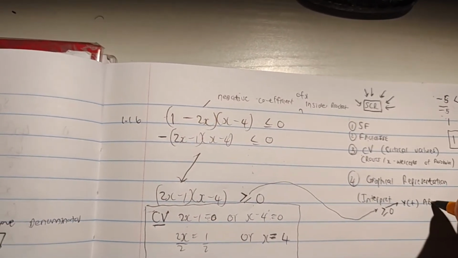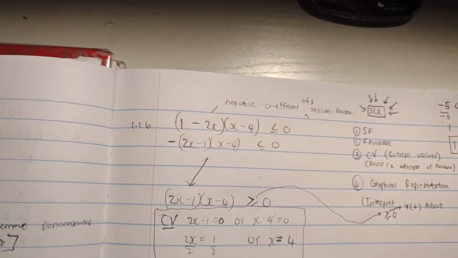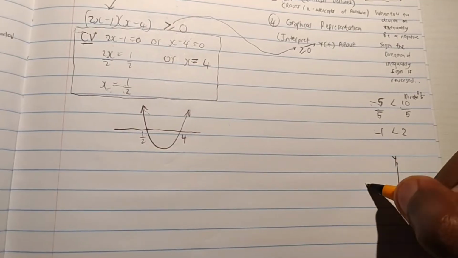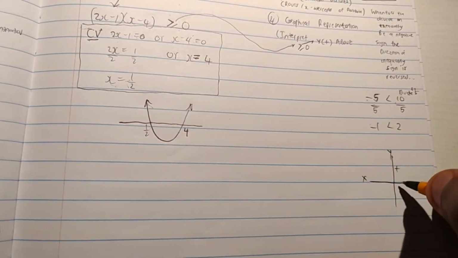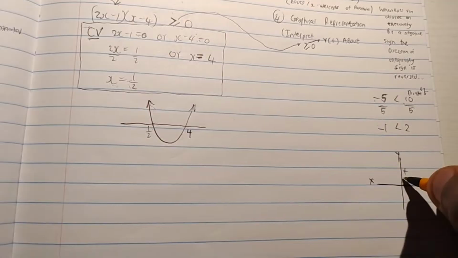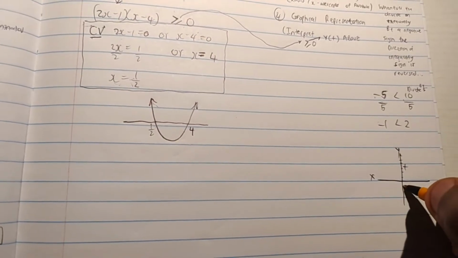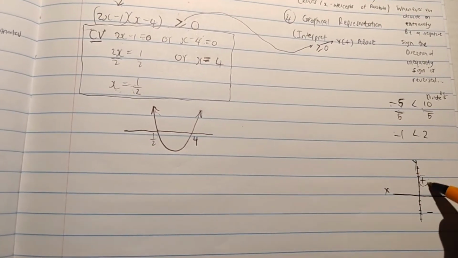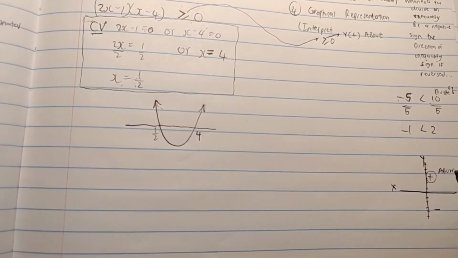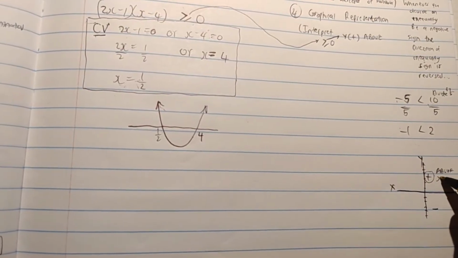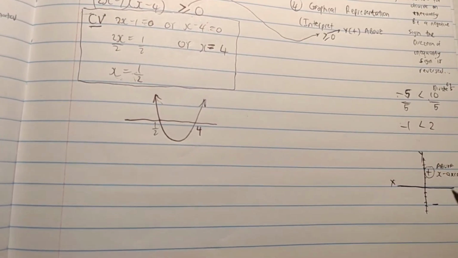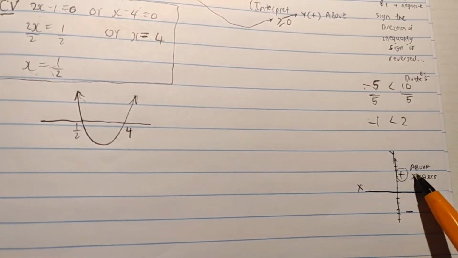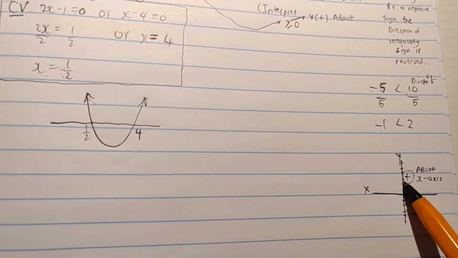And y is positive, guys, on a Cartesian plane. Let me just show you. On a Cartesian plane, you have the y-axis, you have the x-axis. Your y values are positive here. Your y values are negative down here. This is above which axis? The x-axis. That's where your y is positive. It's above this axis, the x-axis. That's where y is positive.